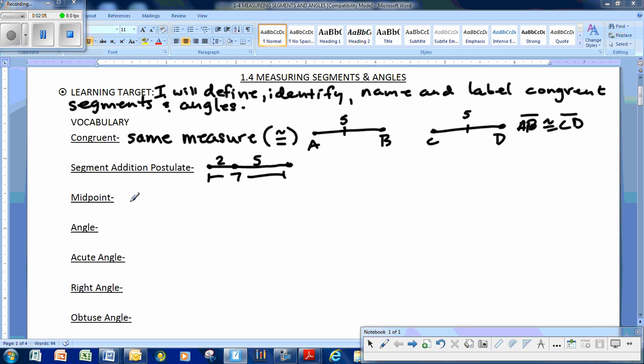Next, we have midpoint. A midpoint is a point that divides a segment into two congruent segments.